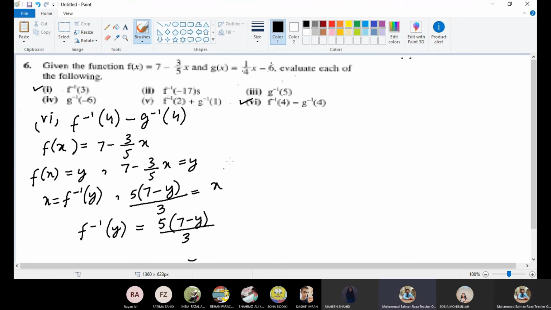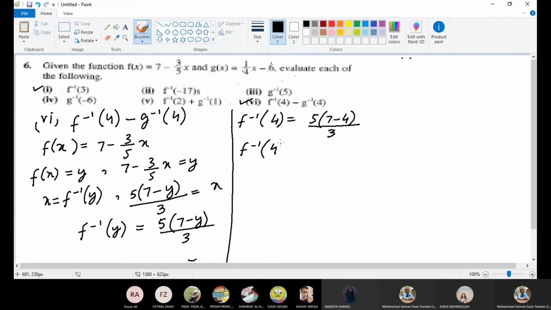And now I am going to place the value f inverse of 4 into it. Wherever there is y, I'll replace it by 4, and then it is going to become 5 into 3 upon 3. So 3 and 3 cancel out. So f inverse of 4 is 5.